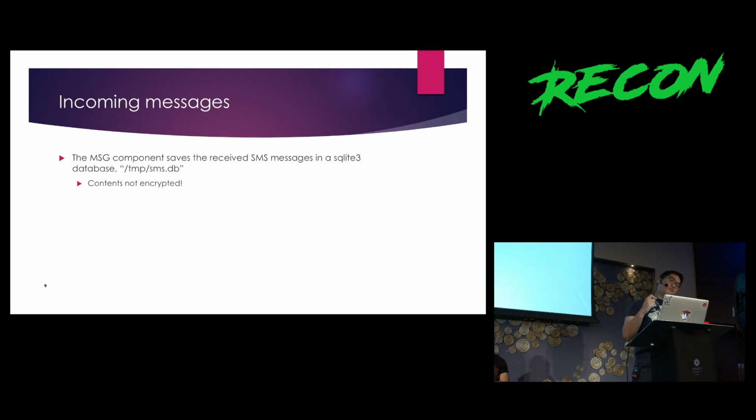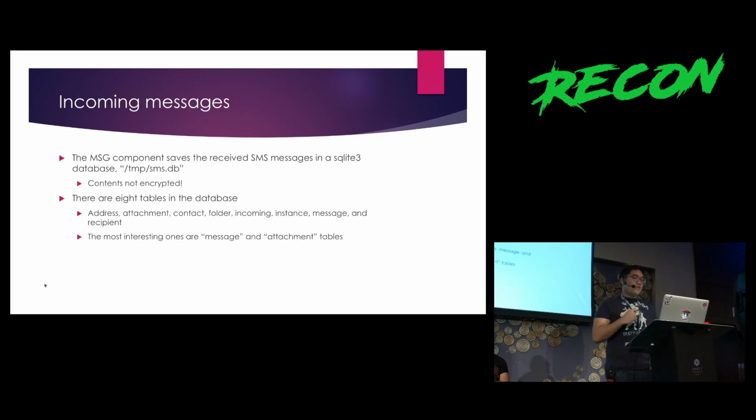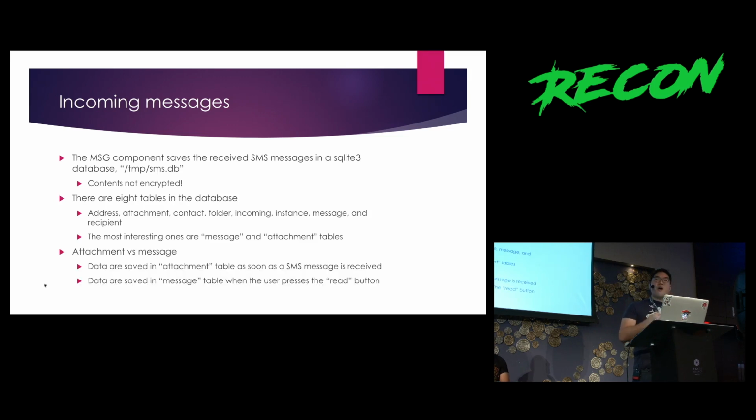And here's what happens when the message is saved into a database. The database of interest is SMS.db, and all the data is not encrypted. You can see everything in clear text. There are a couple of tables in there, but the most interesting ones are the message and attachment tables. So what are they and how are they different? Data is saved in the attachment table as soon as an incoming text message is received.